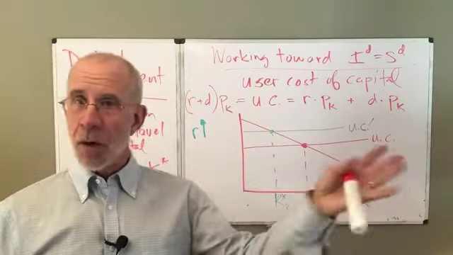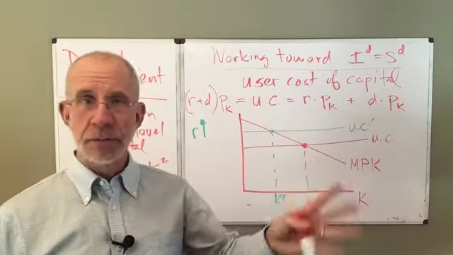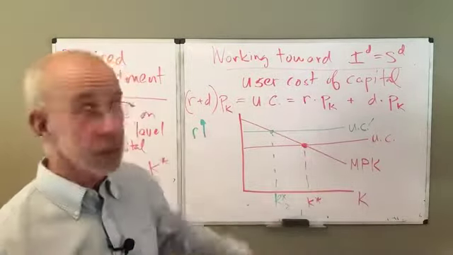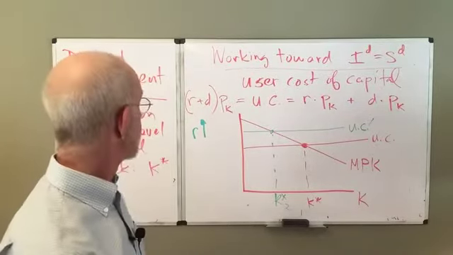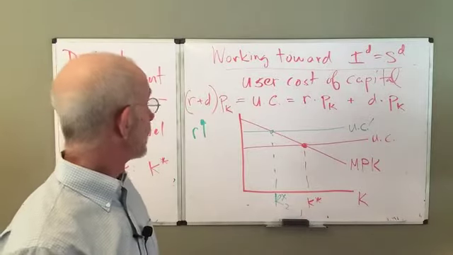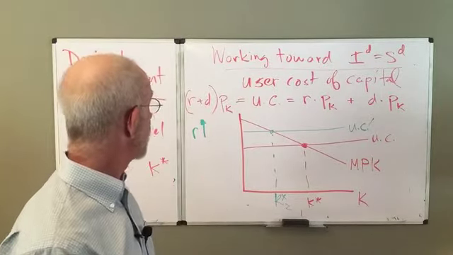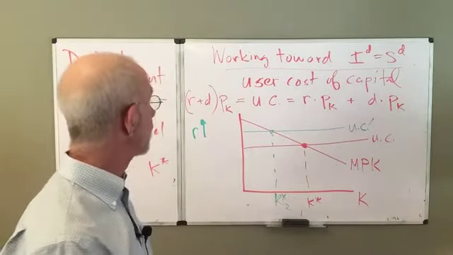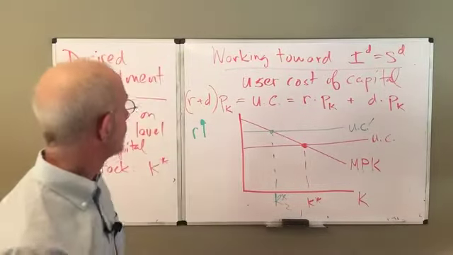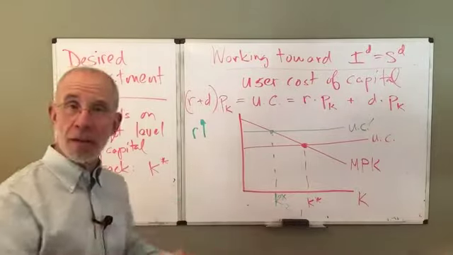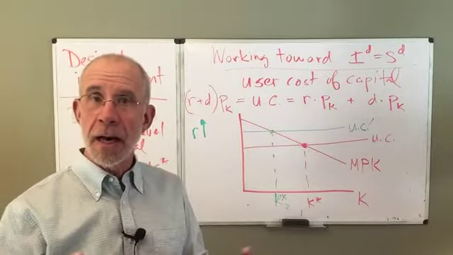Pretty standard stuff. Marginal benefit, marginal cost. It's just that the interest rate is going to affect the cost of capital. If the depreciation rate changed, we would also have a change in the user cost, but let's set that one aside. Okay, so here's the desired level of capital.